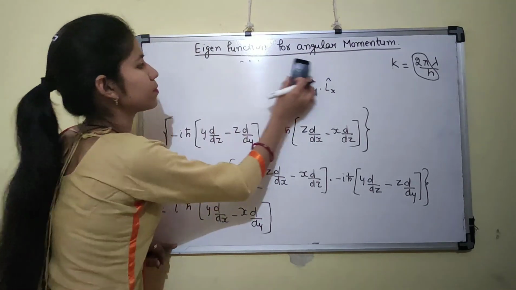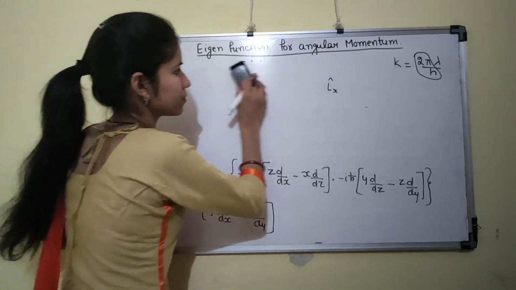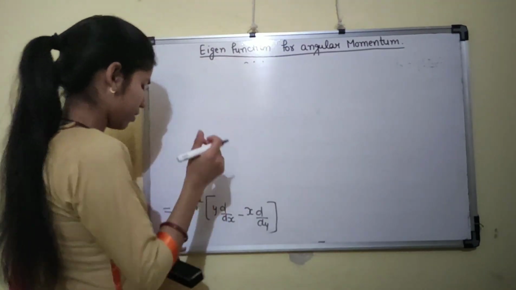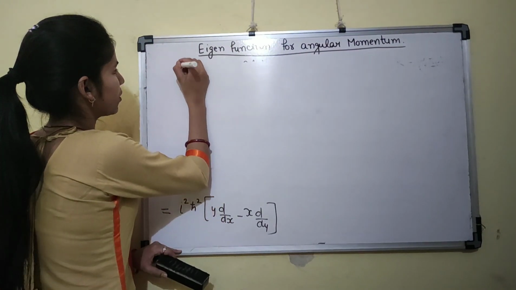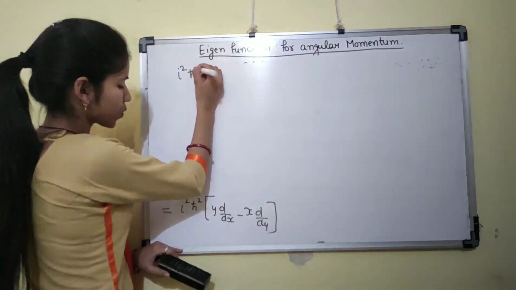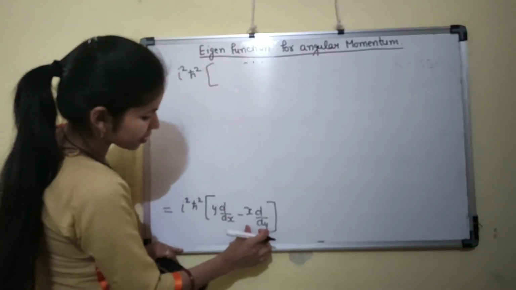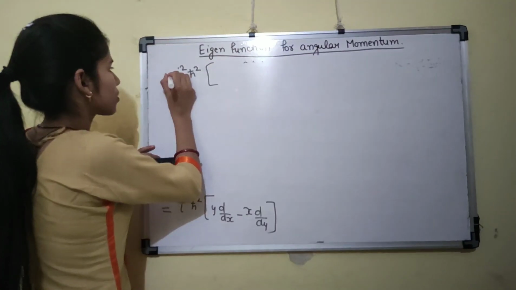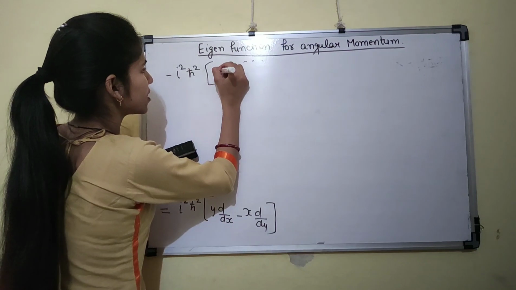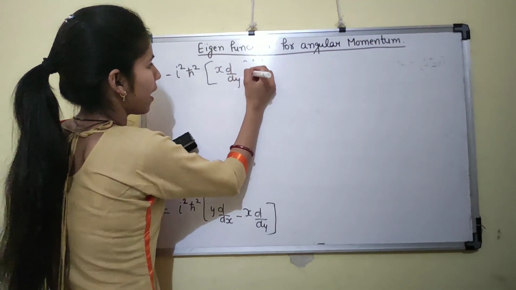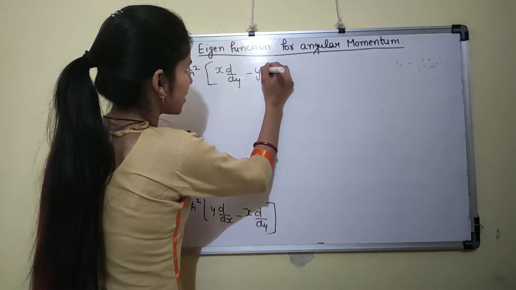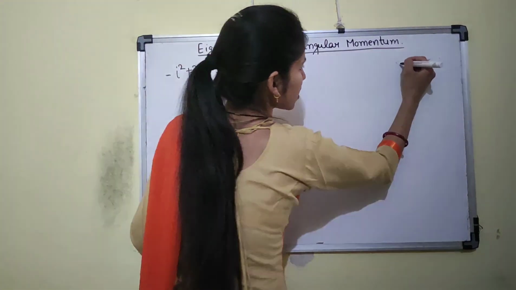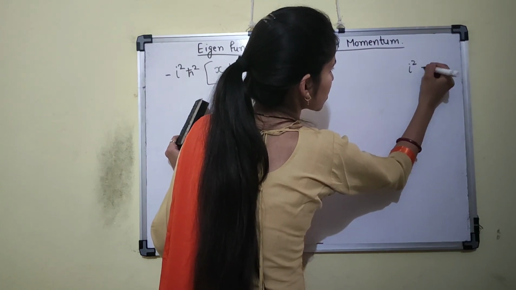Now iota square h cut square. Taking the first term and the second term, there is a minus common, so x d by dy minus y d by dx, and iota square equals minus 1.